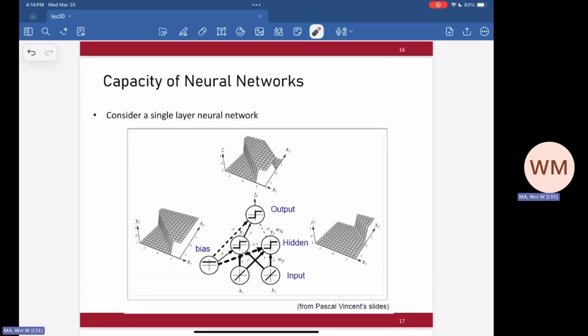So here you can see that if we have multiple layers, say for example, given the first layer after the hidden layer, because this is just one layer, you only have the linear decision boundary. So you have a linear decision boundary, and then you integrate this linear decision boundary. Then in the second layer, you may have a nonlinear decision boundary.